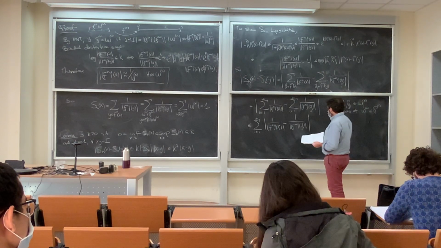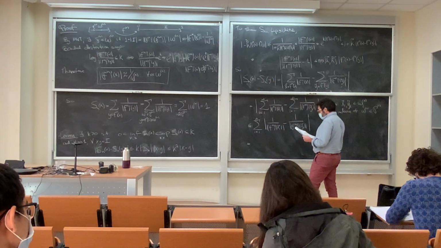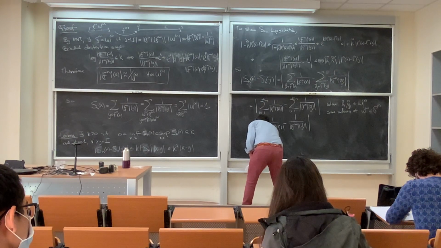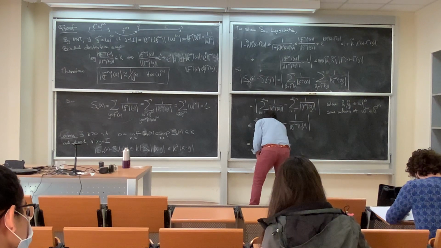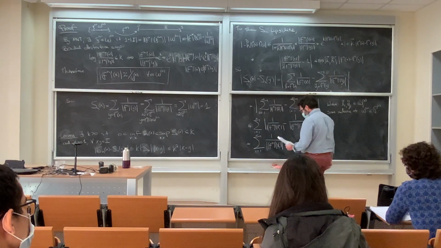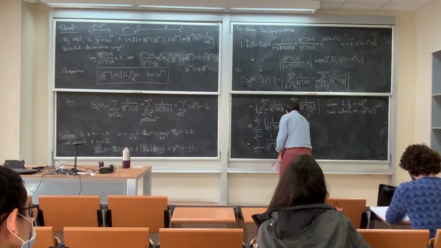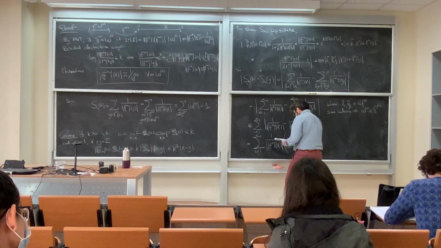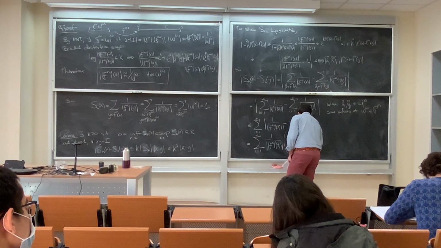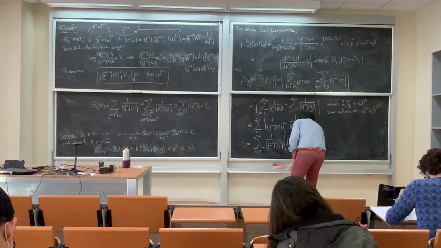And now we can write this as, we can pull this out, so we can write this as the sum i equals 1 to infinity of 1 over fn prime xi tilde times 1 minus fn prime x tilde i over fn prime y tilde i.